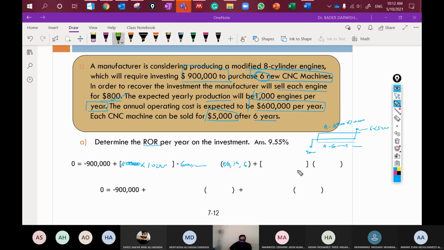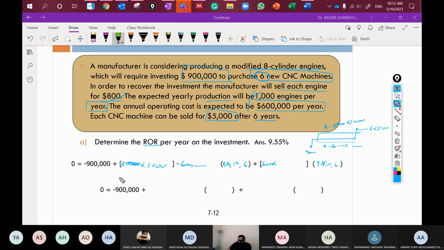It's 6. Finally, I have 5,000 multiplied by 6, asterisk 6. Guys, don't forget, I can use the compound button here. It's going to be a bit easier, quicker. Find P given F, interest I, 6.